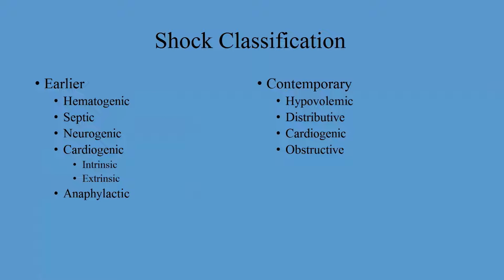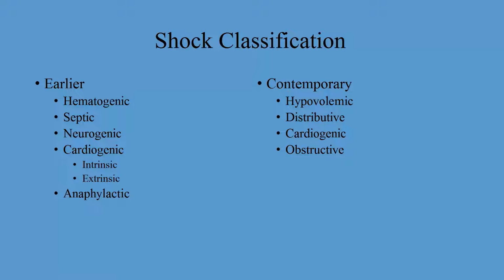So the different types of shock, going back to Blaylock's initial descriptions, led to the earlier nomenclature of hematogenic or hypovolemic shock, septic, neurogenic, cardiogenic, with intrinsic being the primary pump failure, and extrinsic cardiogenic shock being an external force, such as cardiac tamponade or a tension pneumothorax, and then anaphylactic shock.